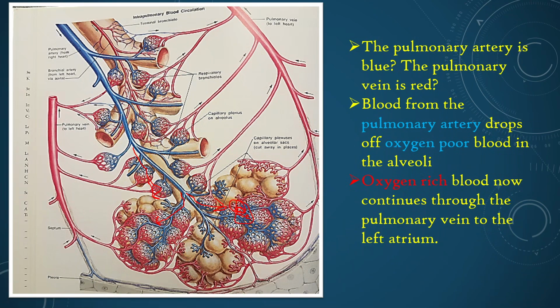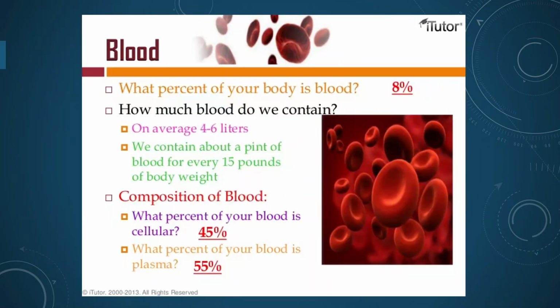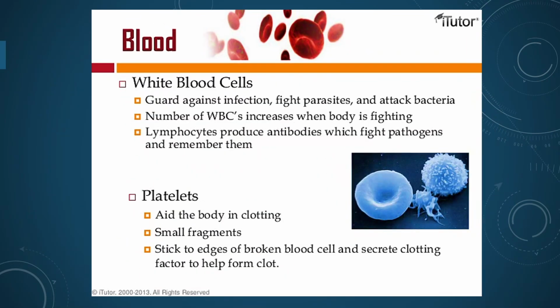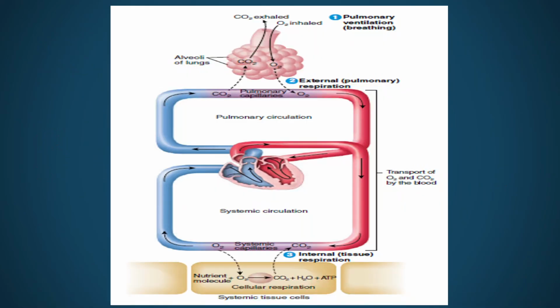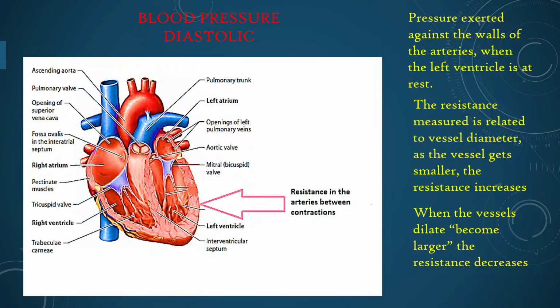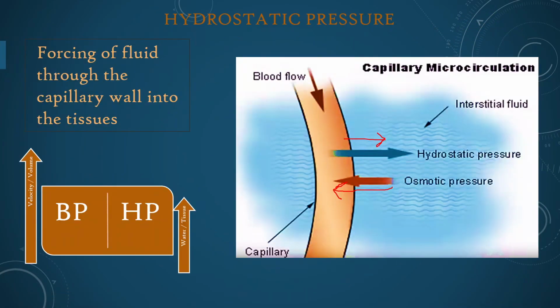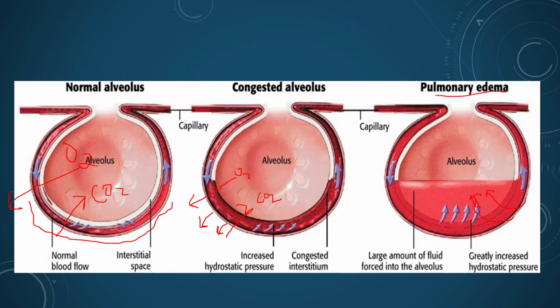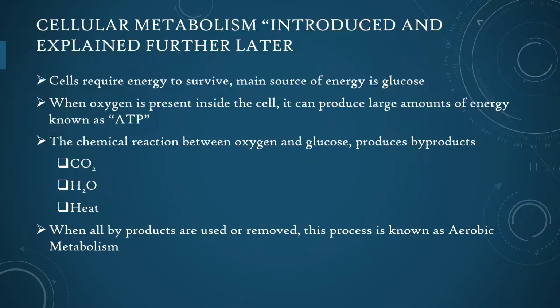And that pressure also causes that distance to be increased to where it can't make a gas exchange. And that's what hydrostatic pressure does. So increase in blood pressure, increase in hydrostatic pressure. If you have too much hydrostatic pressure, it's going to drive fluid out.